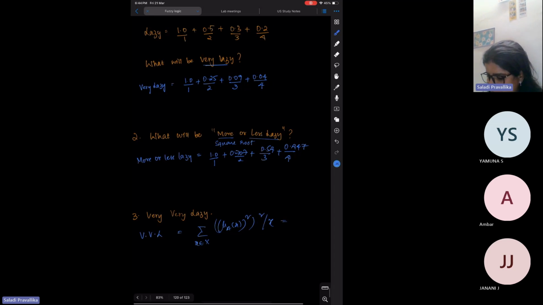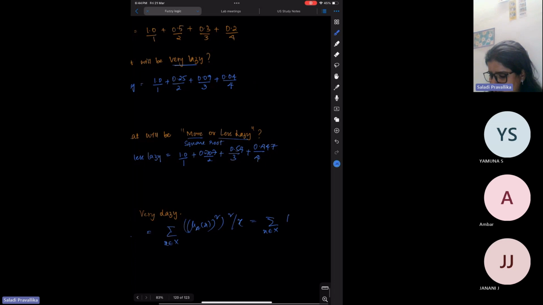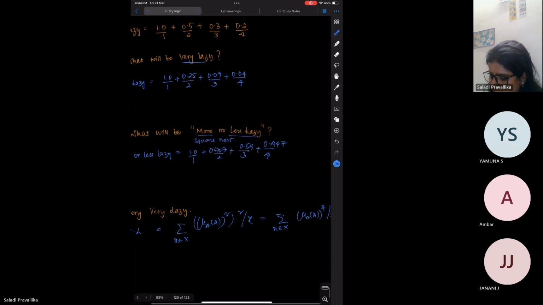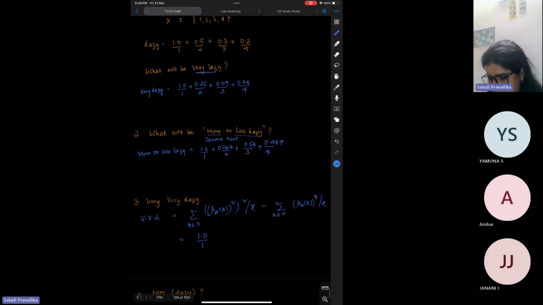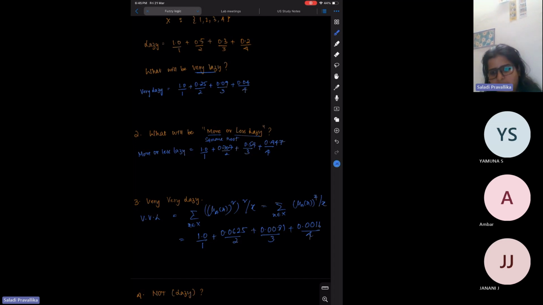So that is equal to 1.0 for given 1, 0.0625 for given 2, 0.0081 for given 3, and 0.0016 for given 4. Right? So that is our very, very lazy.